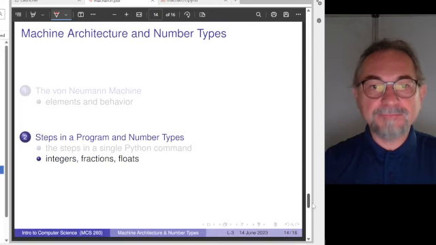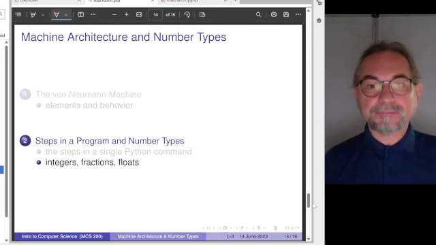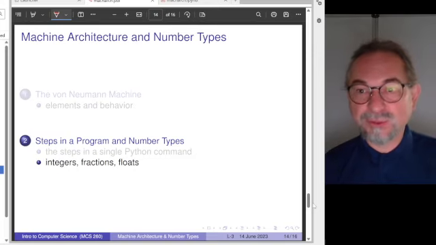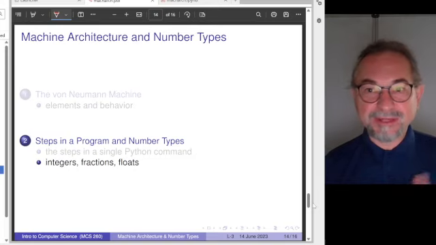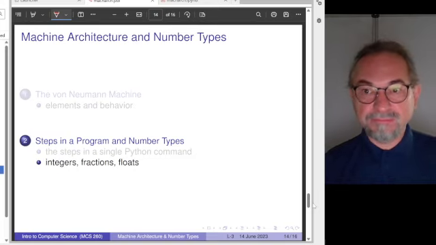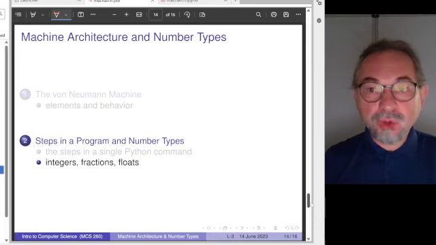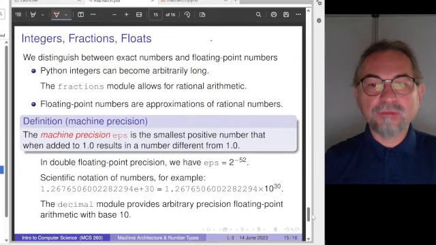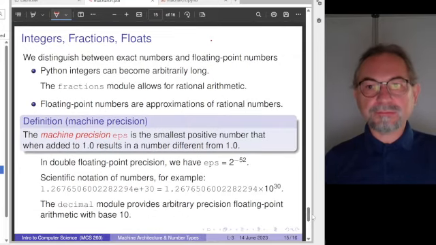Okay, data. Data are actually sequences of bits, and in a way, and this is a mathematical computer science course, everything is a number, if you like. Logically, we distinguish between exact and floating point numbers.